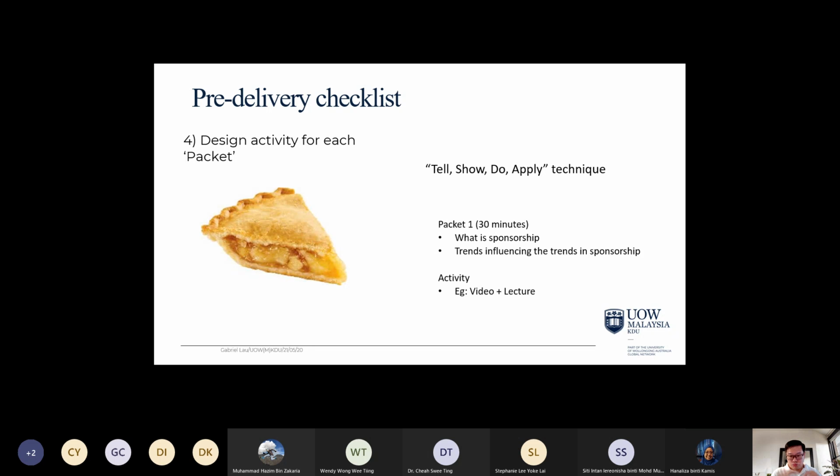You do it with the student, you do with them, it goes up to 60 to 70%. And finally, you apply. After doing, you tell the student you do it on your own. Then it goes up as high as 80 to 90%. It may not reach 100%, but the learning goes higher. The more involvement that the student has on that particular area, the higher the absorption the student will get.